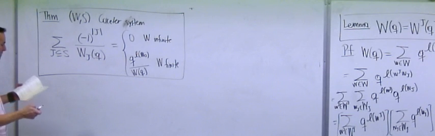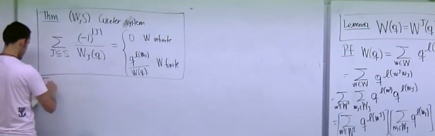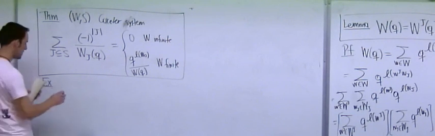Let's see how you do this in an example. So what's the smallest infinite Coxeter group that you know? This one, right?